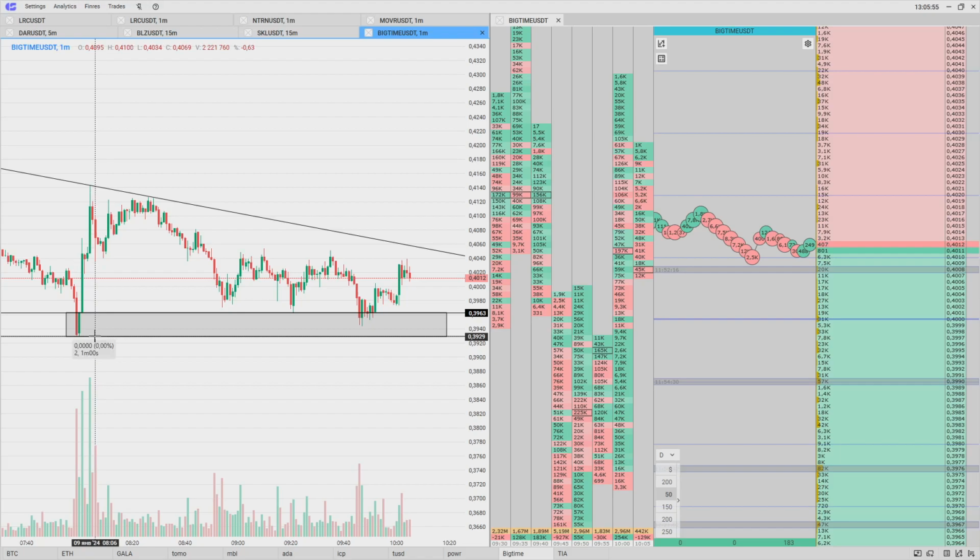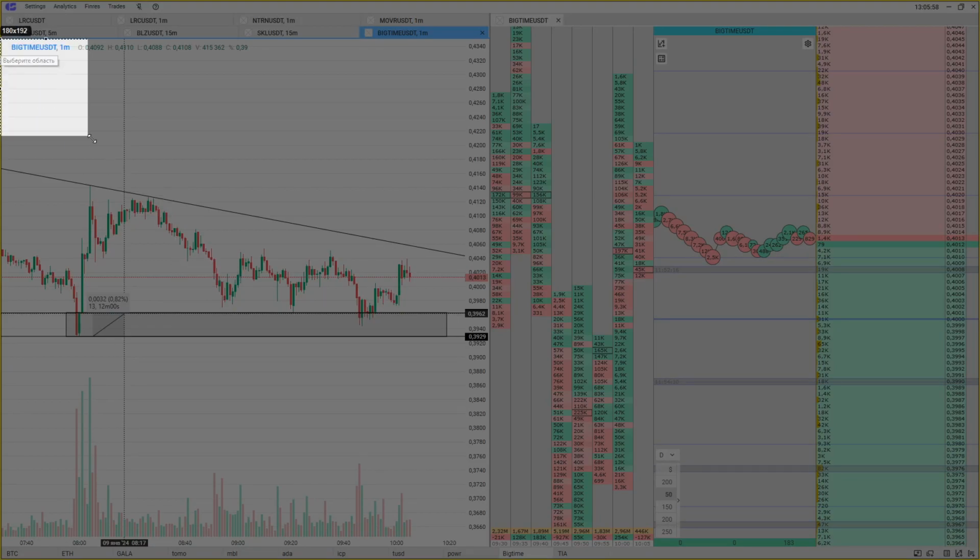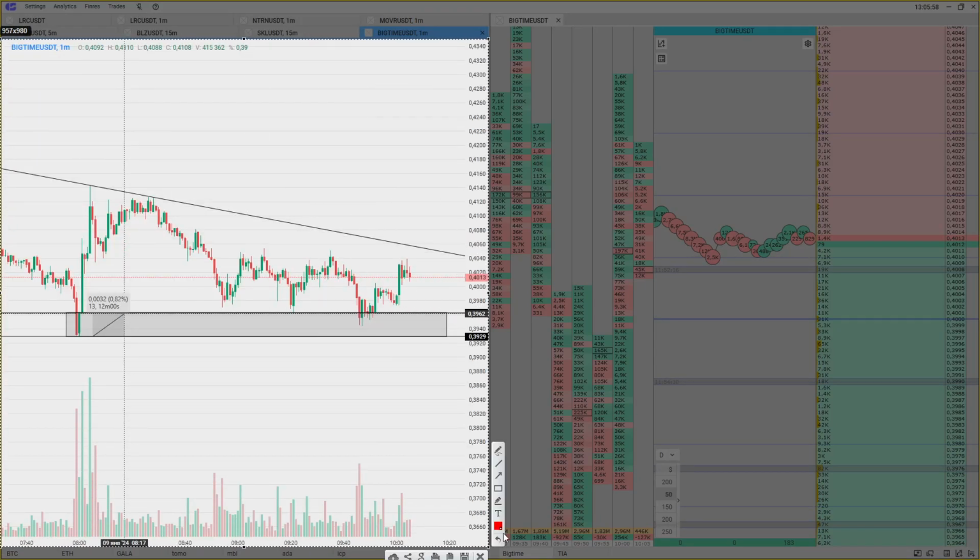We have 0.8%, yes, and of course we add 0.2 for this. 0.8 is our zone, plus 0.2 for our stop loss. That will be somewhere here, stop loss, from where we wait the first approach and the pullback.